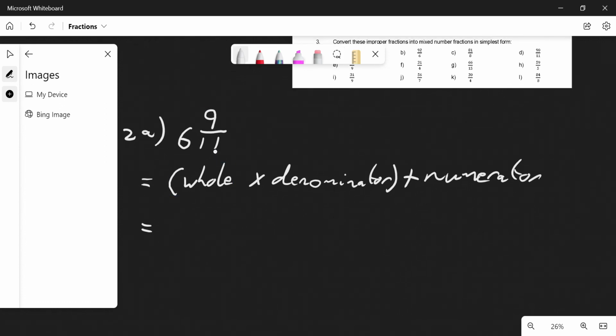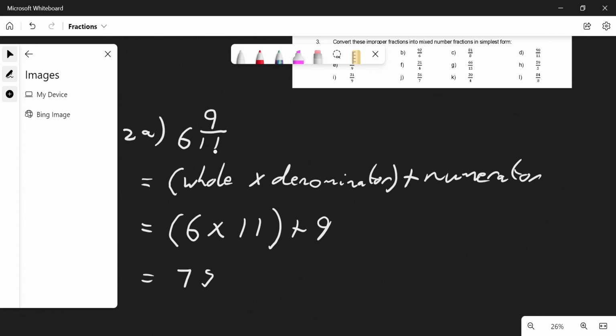So what's our whole number? Put that in a bracket. Our whole number is 6. We're going to multiply that with 11, and then we're going to add 9. That's going to give us 6 times 11 is 66. 66 plus 9 will be 75.